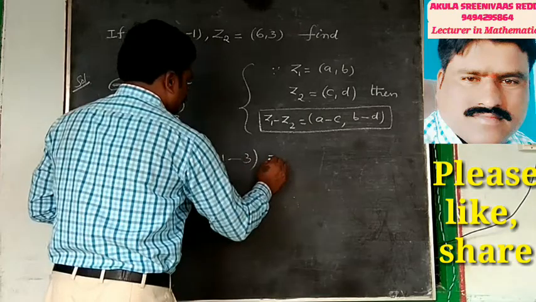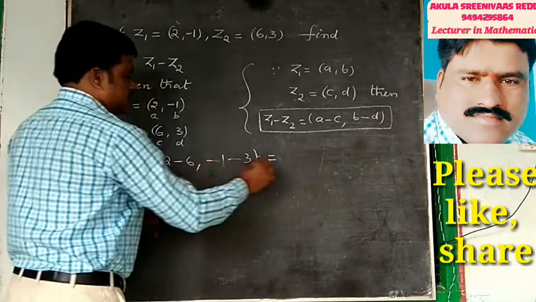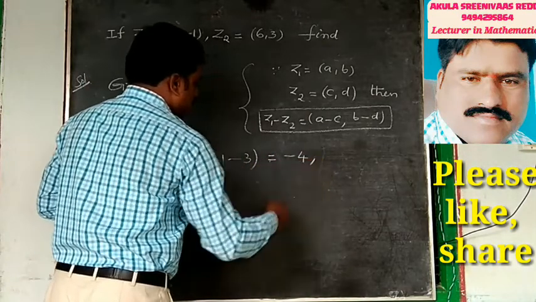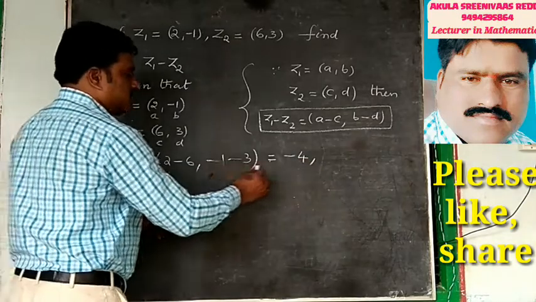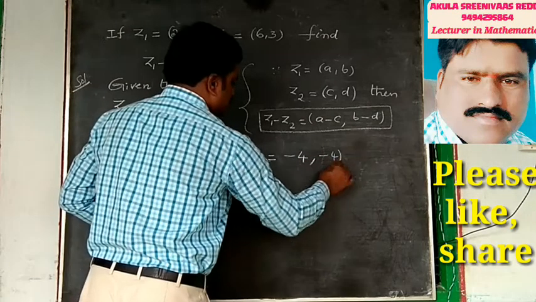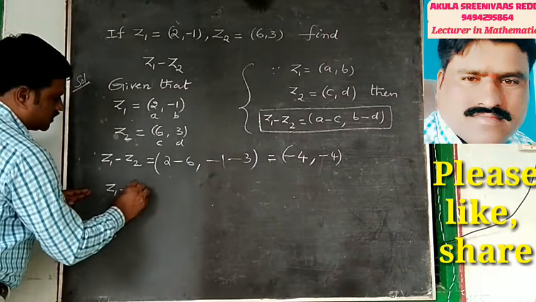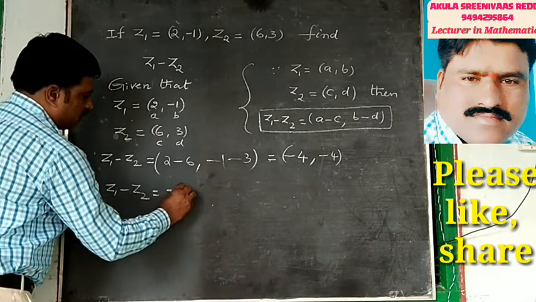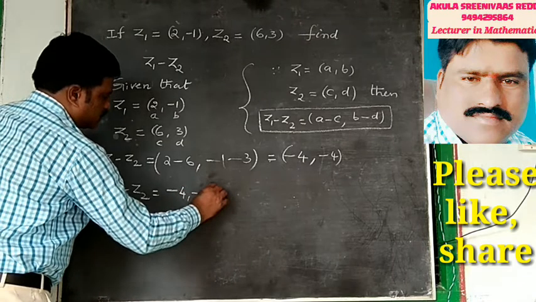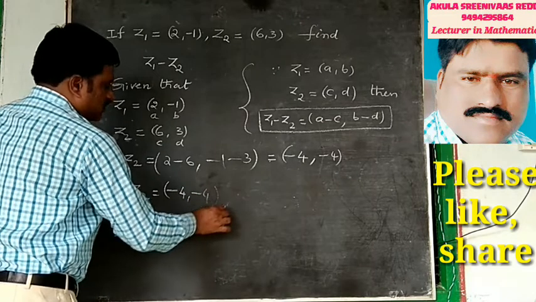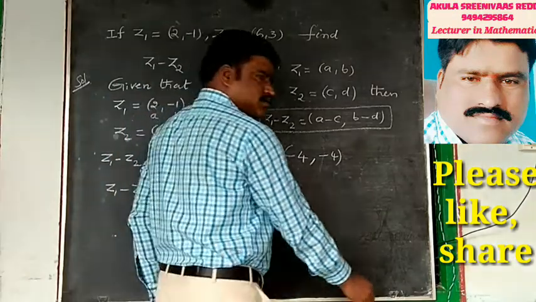That is equal to 2 minus 6 means minus 4 comma minus 1 minus 3 means minus 4. Therefore Z1 minus Z2 is equal to minus 4 comma minus 4. This is the required answer.